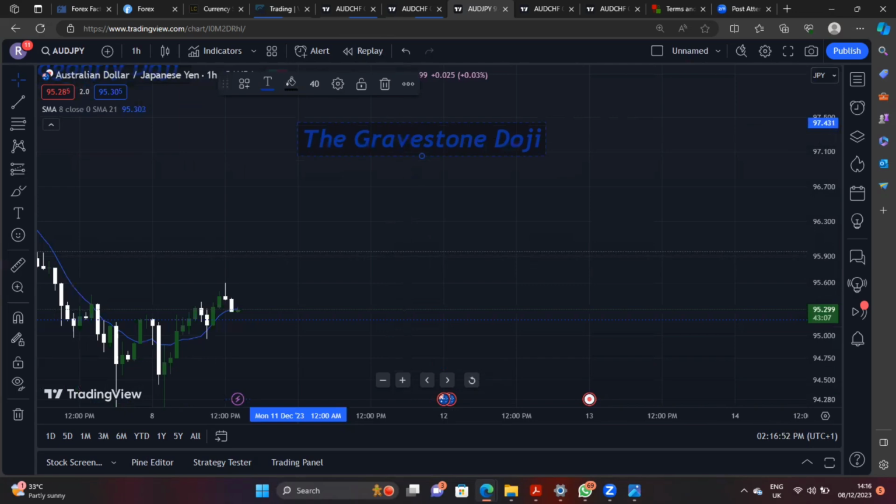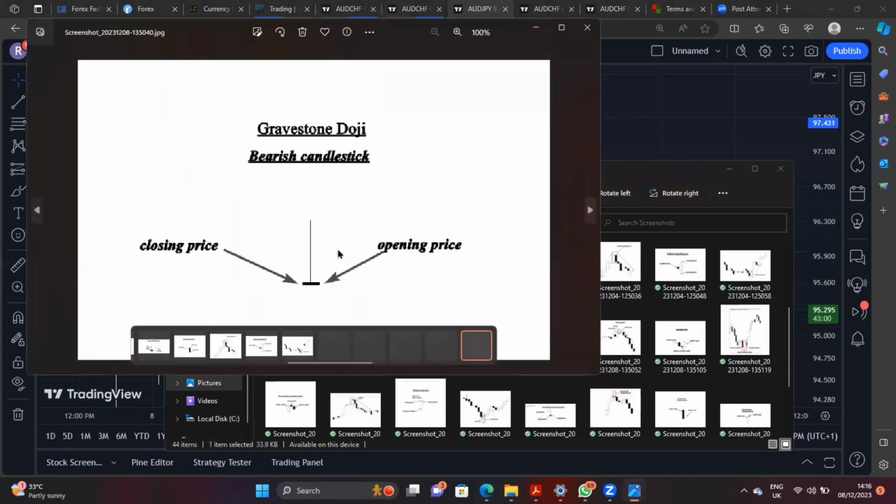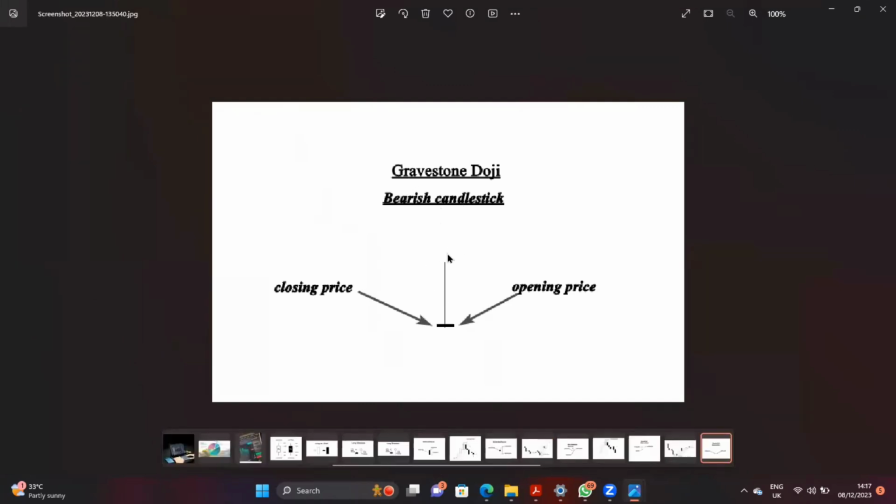I will display a pattern for that also. So here on my chart, we have the gravestone doji right here. This is how it looks, just the opposite of the dragonfly.